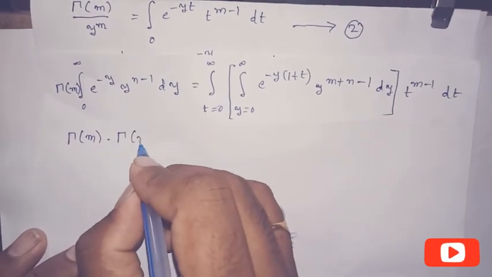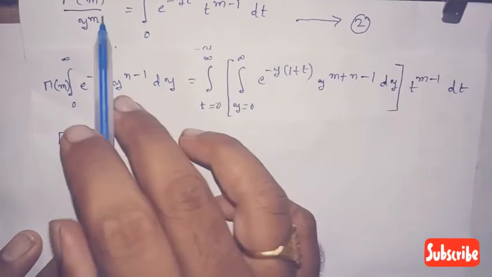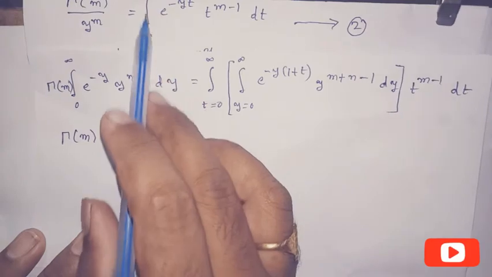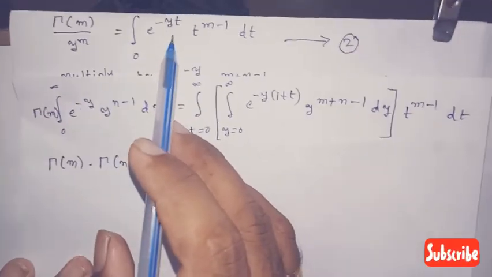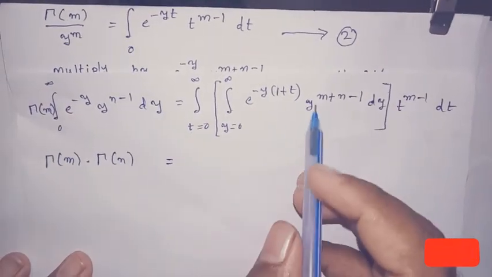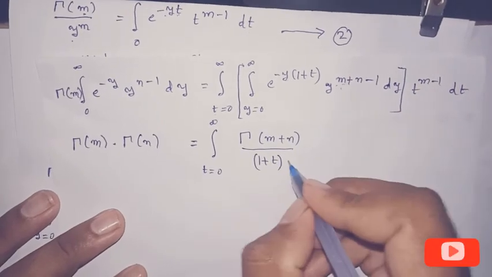Now as per equation 2, that is gamma of m by y power of m, is the integral with the limits 0 to infinity of e power of minus yt, t power of m minus 1 dt. This can be written as t whole power of m plus n.